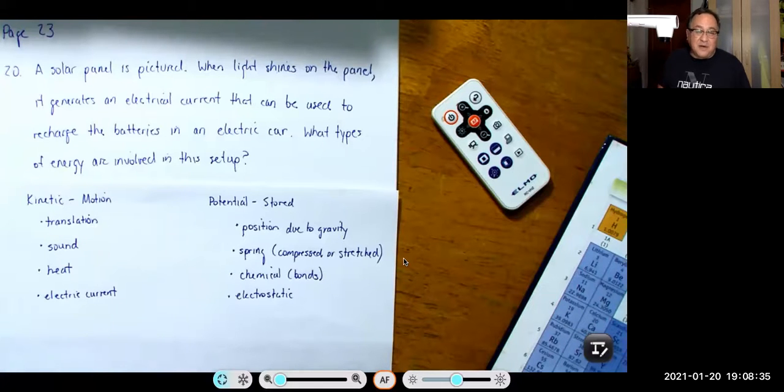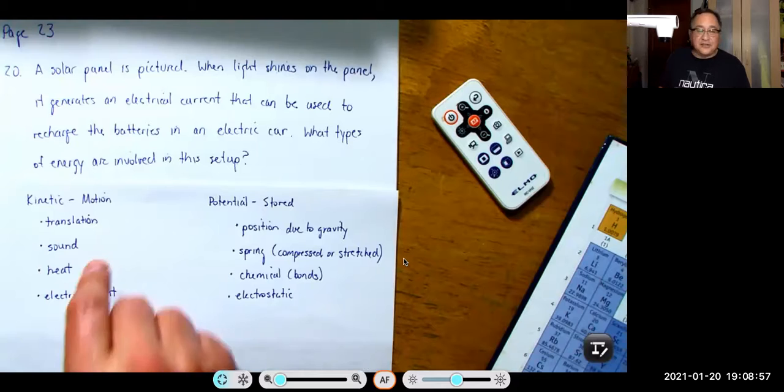Can the sun melt butter? You bet your bippy. Does it take energy to melt butter? You bet your bippy. So is light energy? You bet your bippy. Now, is it something that we can store? Can you walk around with a box of light? No. Light moves from one place to another, so it's kinetic energy.